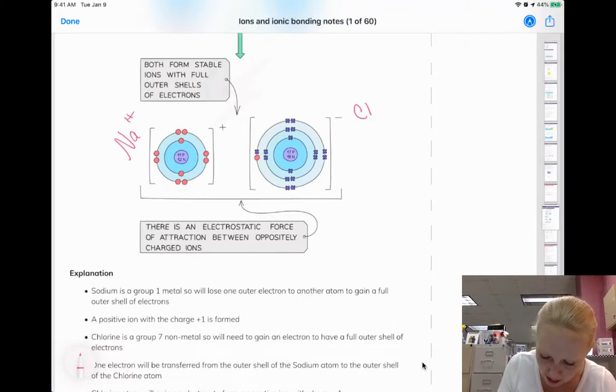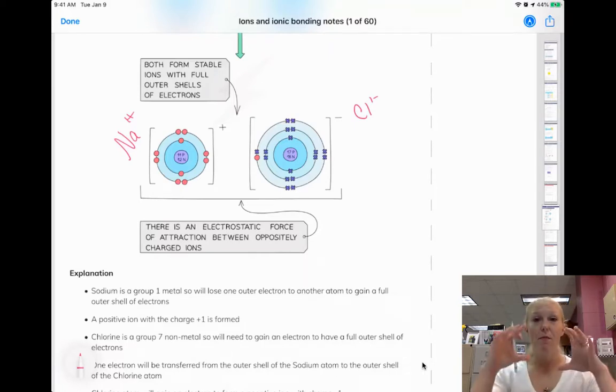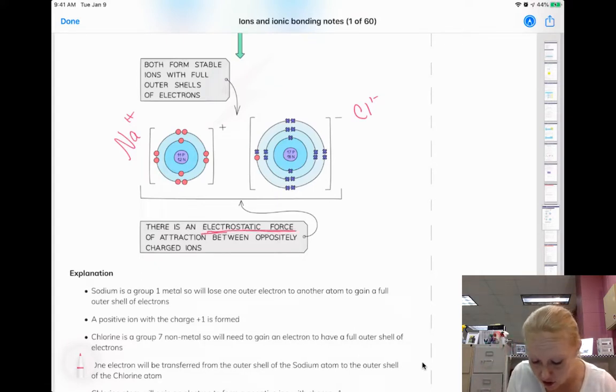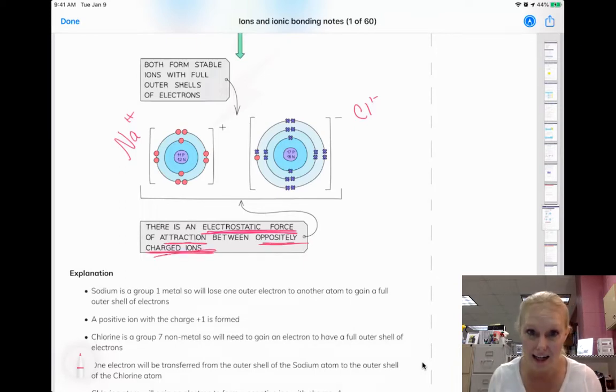And now my chloride ion has a full outer shell of electrons. And remember, the attraction that holds those two together is called the electrostatic force. And remember, electrostatic force is the attraction between oppositely charged ions. You have to know that.